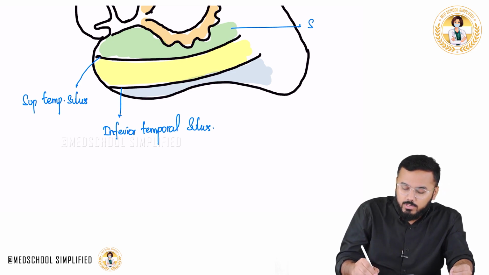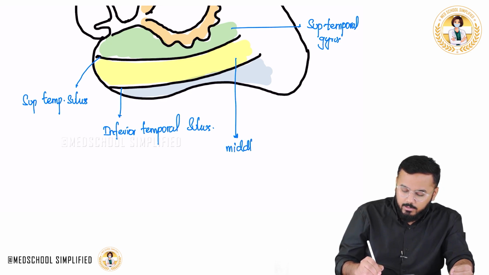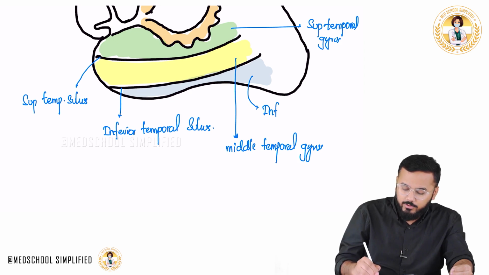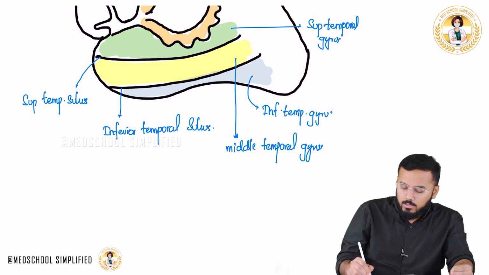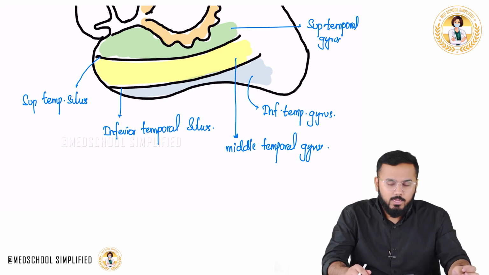This one over here is called the superior temporal gyrus. Okay, and this one over here is called the middle temporal gyrus, and the last one, this is called the inferior temporal gyrus. So superior temporal gyrus, middle temporal gyrus, as well as inferior temporal gyrus.